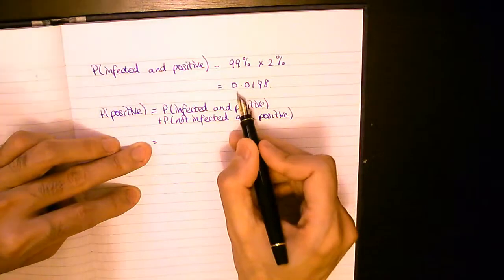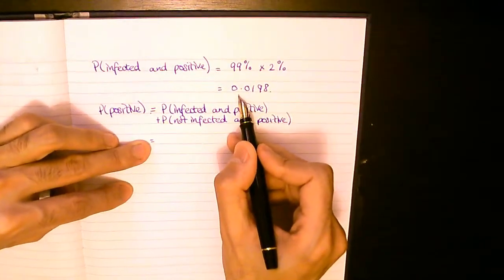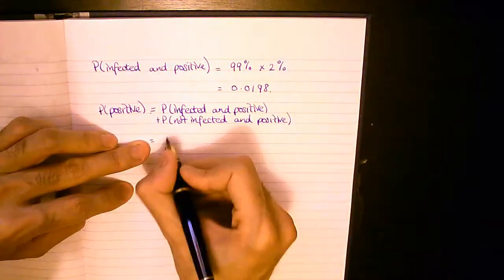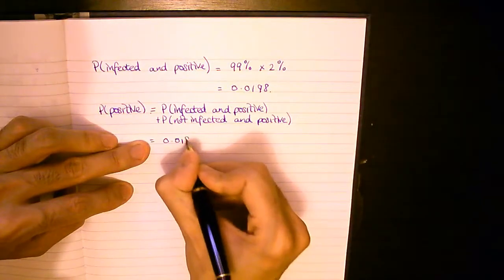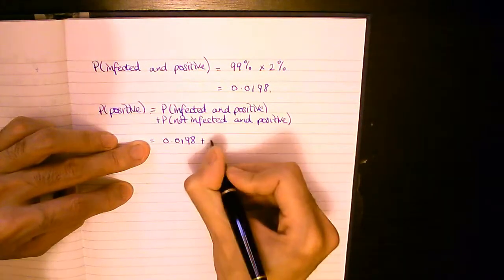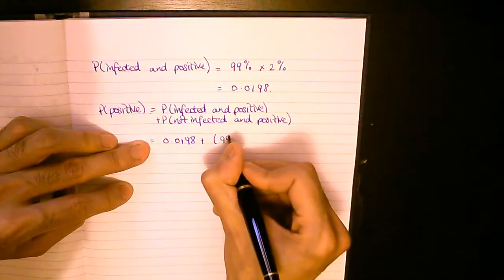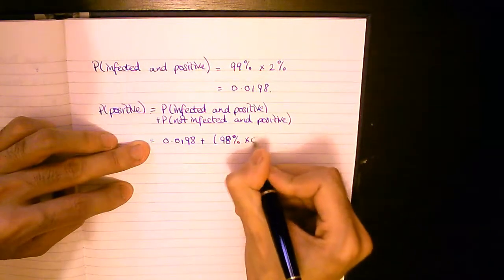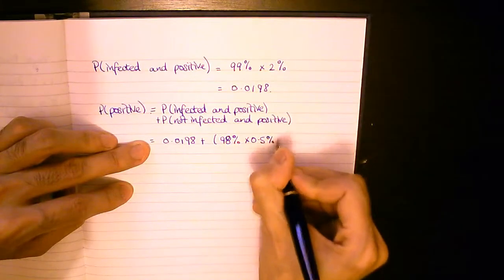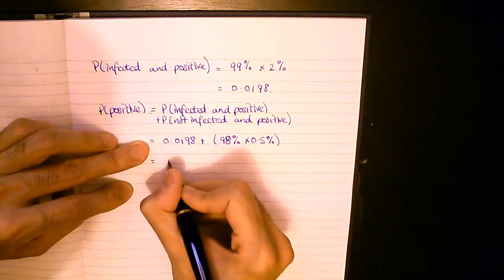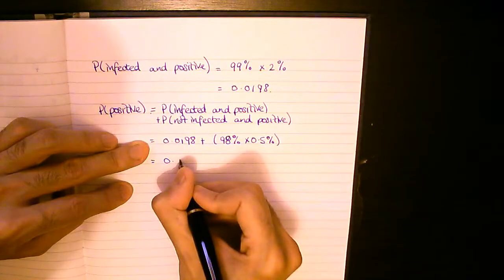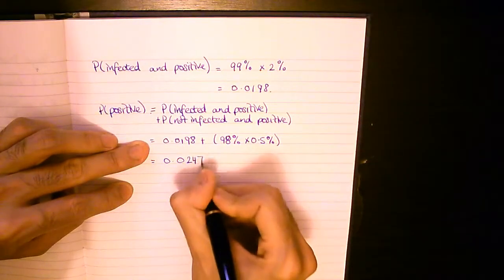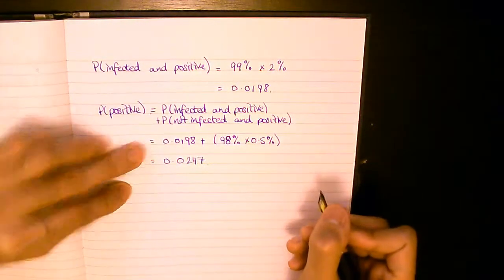From before we had 0.0198 for the first case, and we add to that 98% times 0.5%, and we get a final answer of 0.0247.